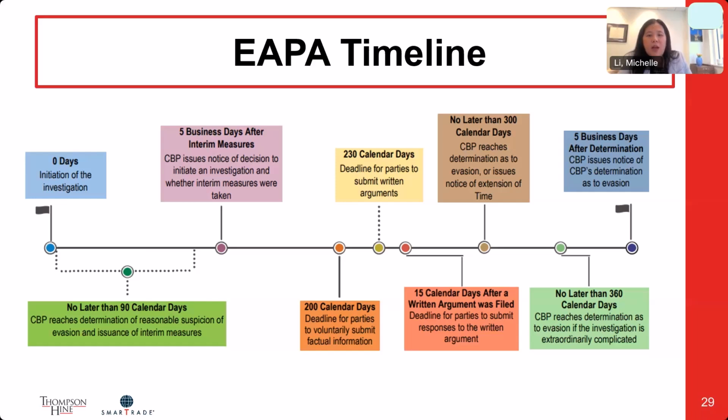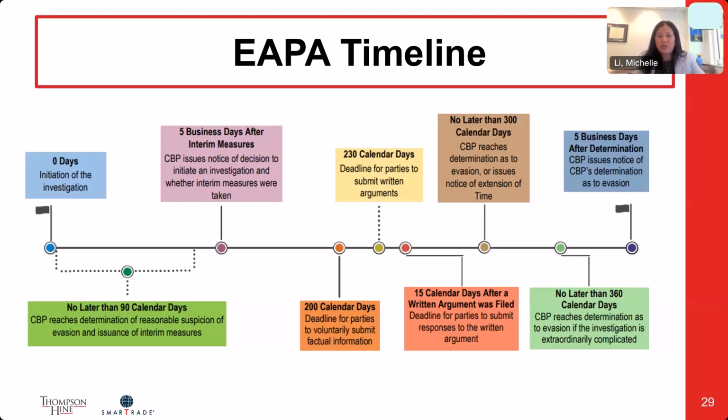To be clear, the initiation standard is whether the allegation reasonably suggests there is evasion. After the initiation, CBP will decide whether they should impose interim measures based on a reasonable suspicion standard, which is slightly higher than the initiation standard.